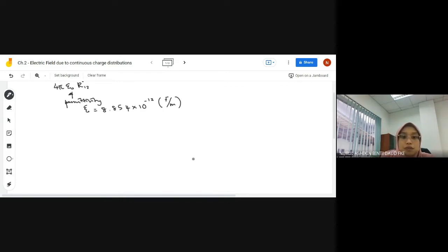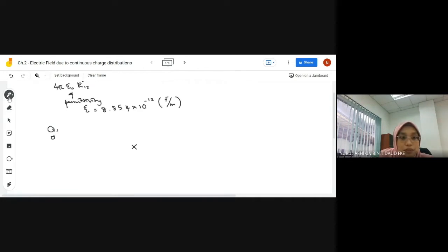Let's think that we have a point charge, which is Q1, and same as before, we want to find the electric field related to this point charge at this position.